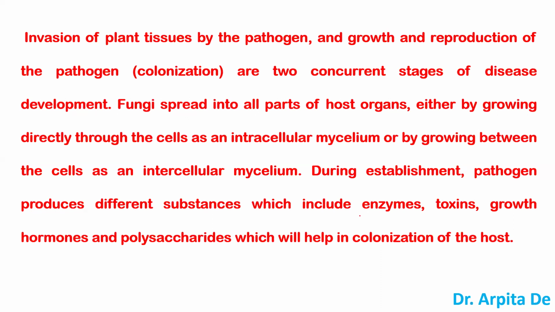Now, these two kinds of pathogens are also sometimes known as snakes and thugs because of the tactics they use to acquire nutrients from their host. So this is how the process of colonization occurs.